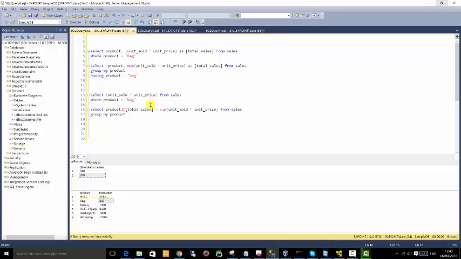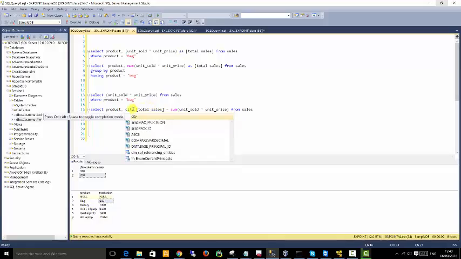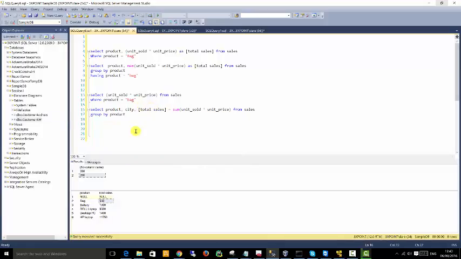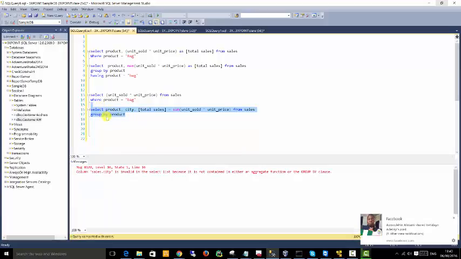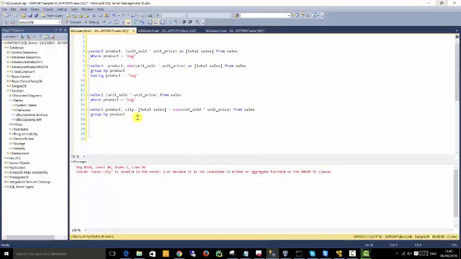Let's assume we now want the city as well. If we run this query, it will fail. And the reason why it will fail is because, you guessed it, we didn't introduce the city. But now it should be fine.